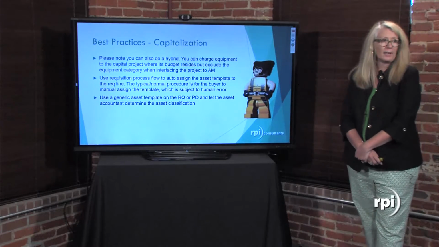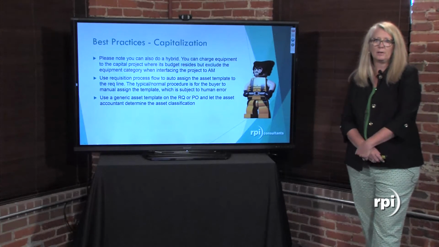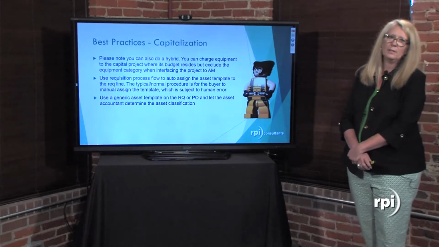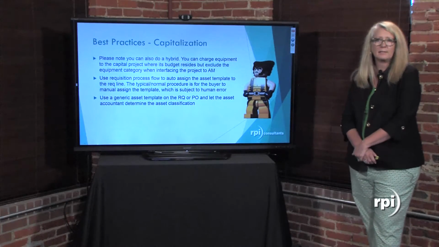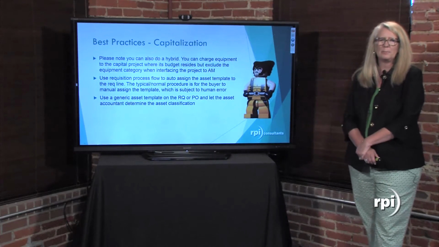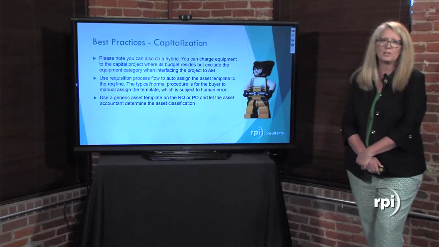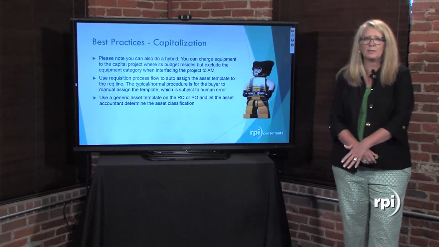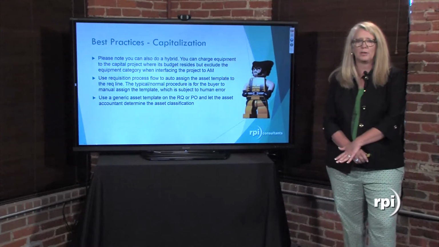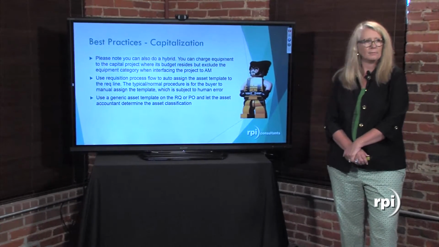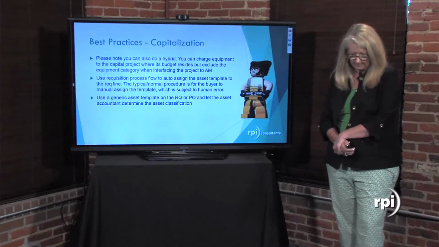And use a generic asset template on the RQ or PO and let the asset accountant determine the asset classification. So if you assign a generic asset template at the RQ or PO level, those people typically aren't those that know which asset template to really determine what the lives should be and that kind of stuff. But if you use a generic one there, then the asset accountant can totally fix that whenever they get it.